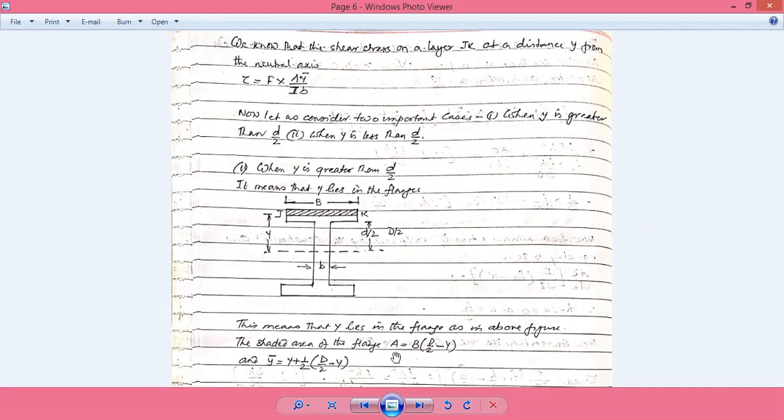So the shaded area of the flange becomes width B multiplied by the height: capital D by 2, where D by 2 is half of the distance from here to here, minus the distance of this portion from here to here. That is, the height is D by 2 minus y, and the width is equal to B itself.